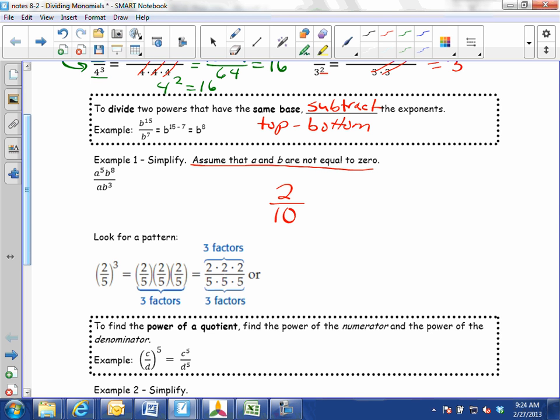Okay, let's say that I have 10 cookies in the cookie jar. Can I take 0 out of 10? Yes. Yeah, okay. Let's say I have no cookies in the cookie jar. Can I take 2 out of nothing? No, you can't take 2 out of nothing. Okay? Because the bottom number tells you how many total there are. Top is telling you how many you're taking out. So I cannot take 2 out of nothing. That's why you can't divide by 0.